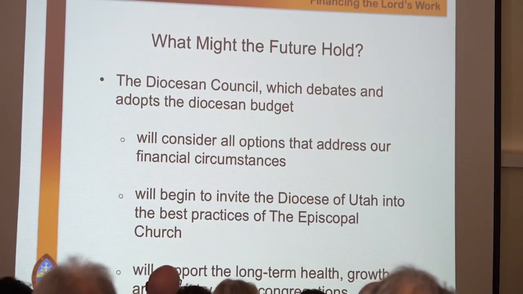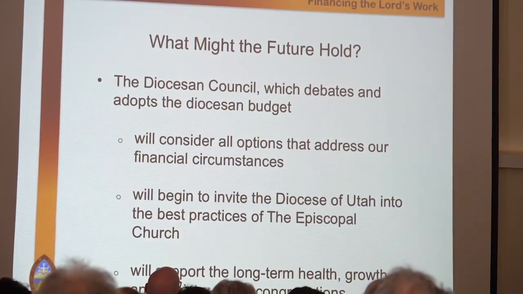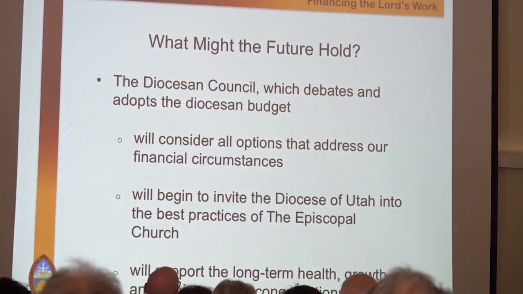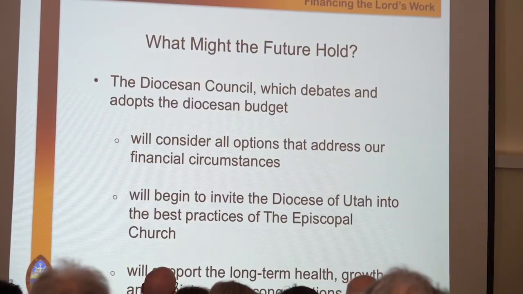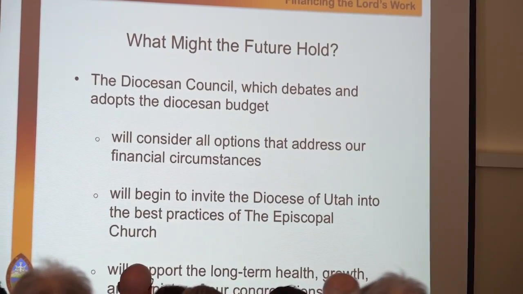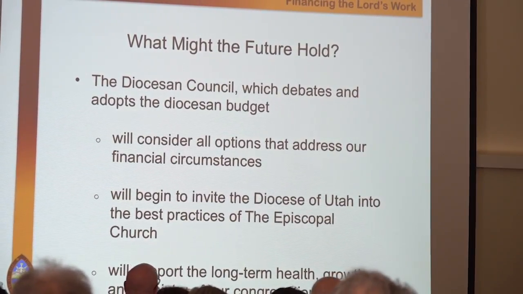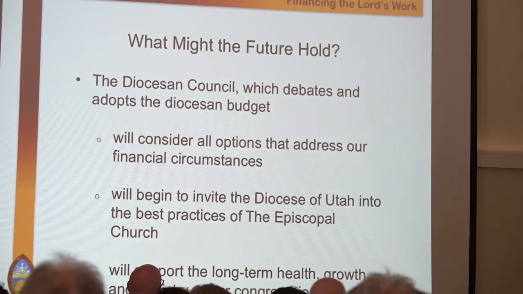Why not? Because council will not be setting the 2019 budget until it works over this summer and adopts it in September or October. Diocesan Council, which debates and adopts the diocesan budget, will consider all the options that address our large financial circumstances.